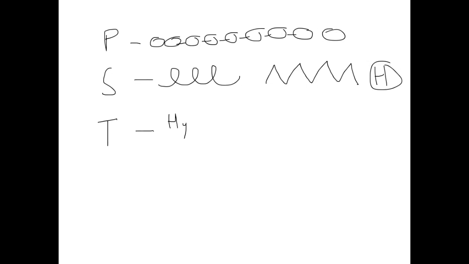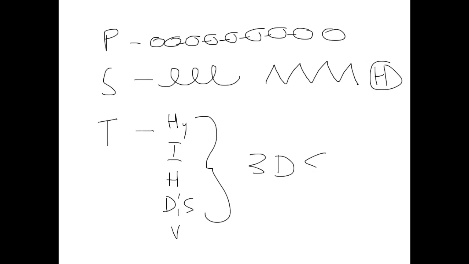We see some acid sort of interactions, ionic bonding. We see some disulfide bonding. We see some hydrogen bonding, and we can see some van der Waals interactions as well. So all of those will give its three-dimensional shape.